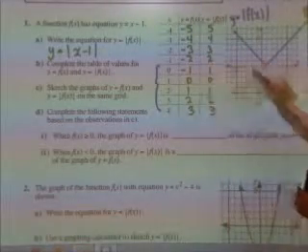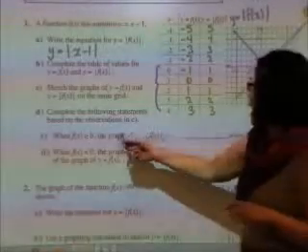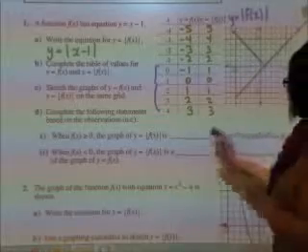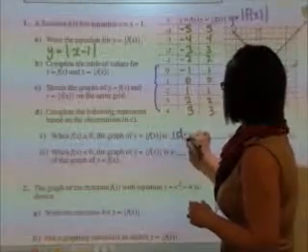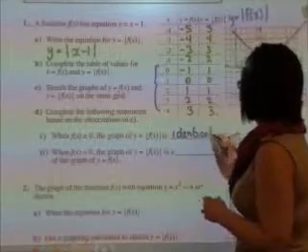When this part of the graph, that's what's in green, is greater than 0, the graph of the absolute value of f of x is the same or identical to the original. In other words, these two parts are the same for all the values when f of x is greater than or equal to 0.